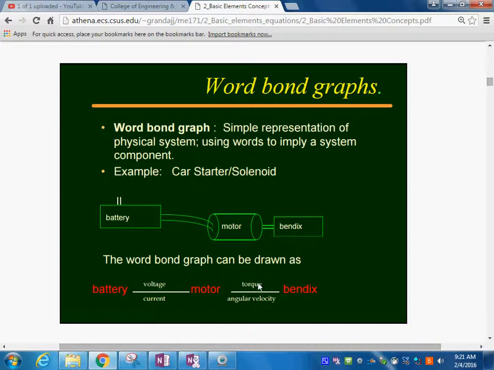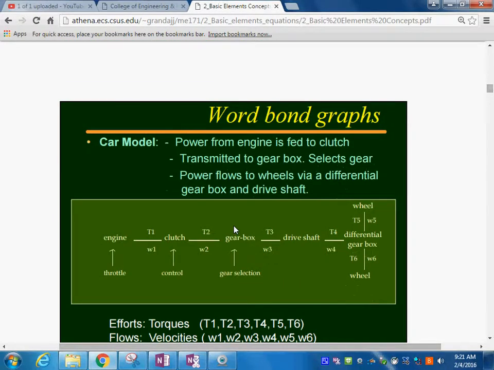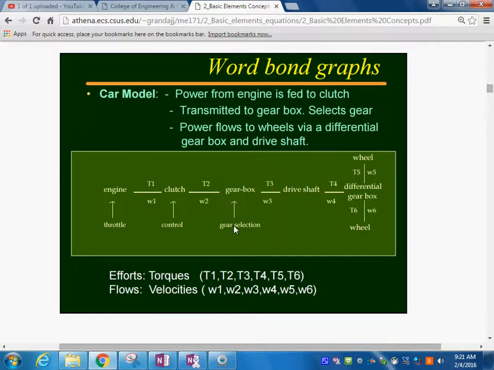And if you have this for a mechanical system, it would be the torque and the angular velocity. So that is the so-called bond graphs. Bond graphs, I could call them also union graph or junction graphs or assembly graphs.